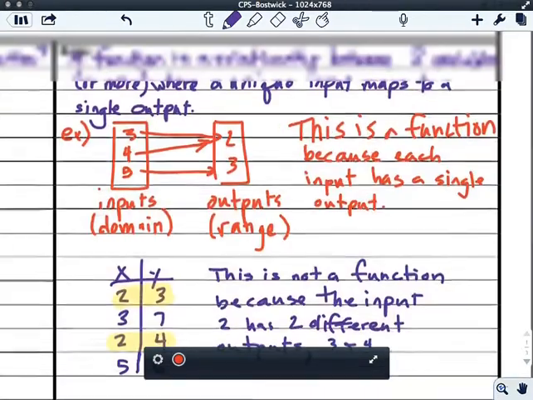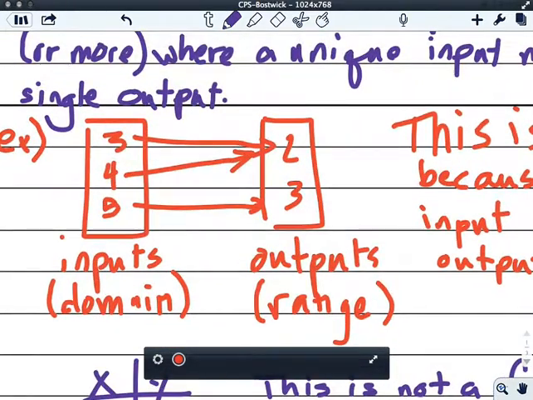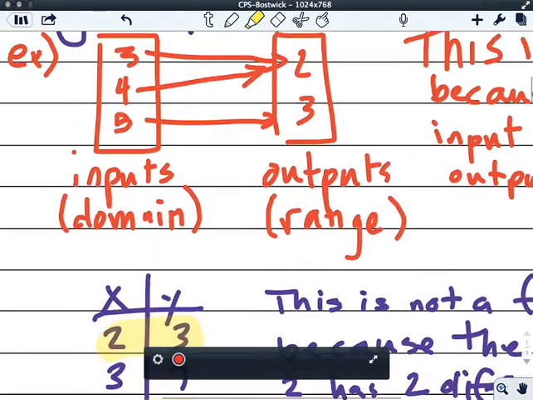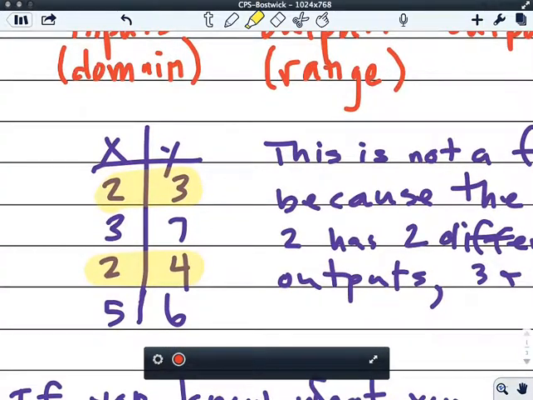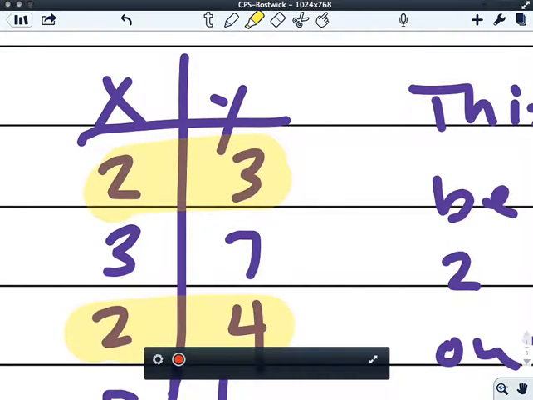And so when we look back at this example up here, if I put 3 into this function, I know I'm going to get a 2 out. If I put a 5 into this function, I know I'm going to get a 3 out. And then there's no confusion about that at all. This one that is not a function, however, if I put 2 into the function, I could get a 3 out and I could get a 4 out.